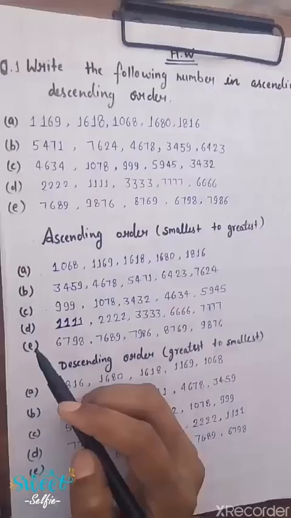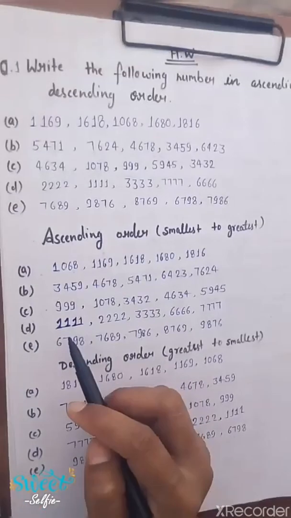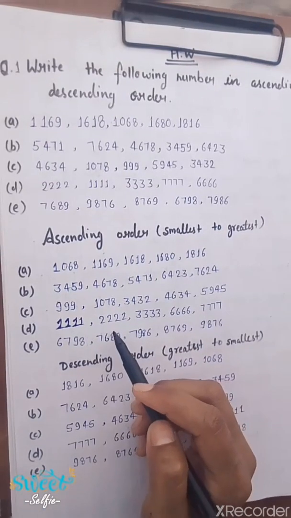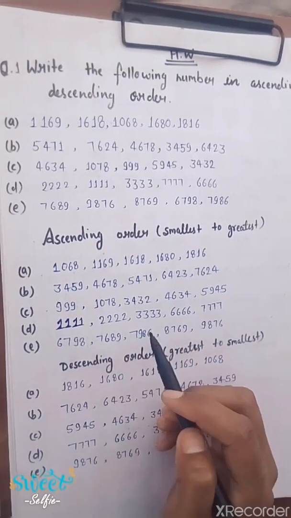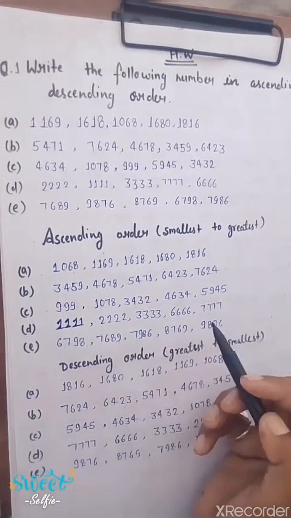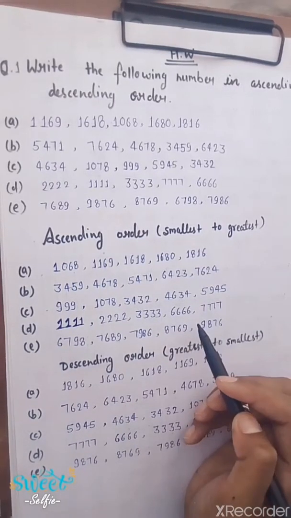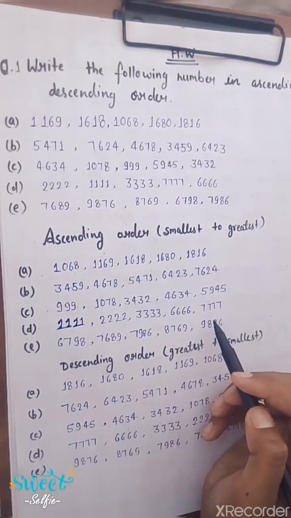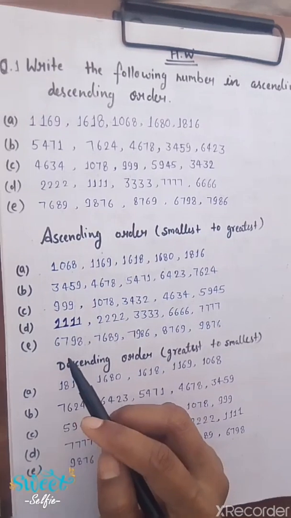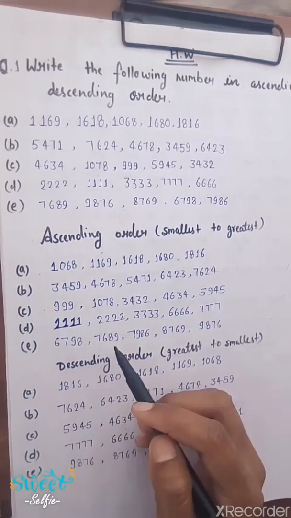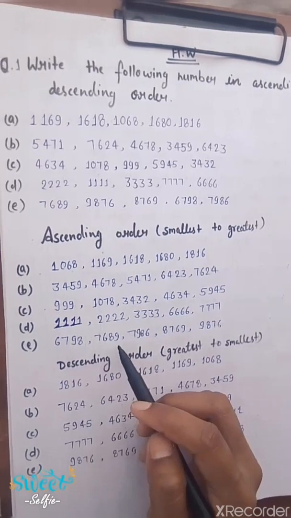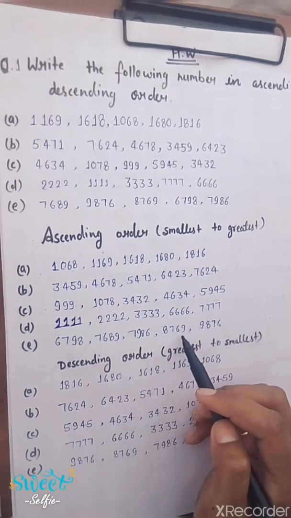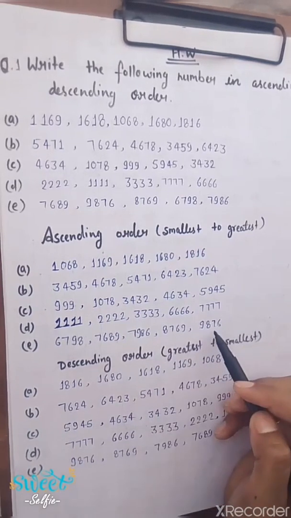In D, the smallest number is 1111, after that 2222, after that 3333, after that 6666, and the greatest number is 7777. In E, the smallest number is 6798, after that 7689, after that 7986, and next is 8769, and last one is 9876.